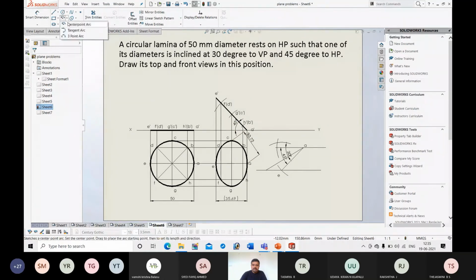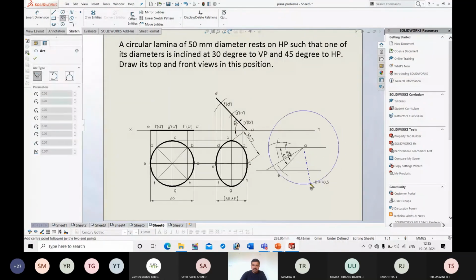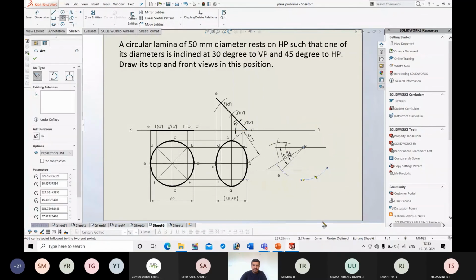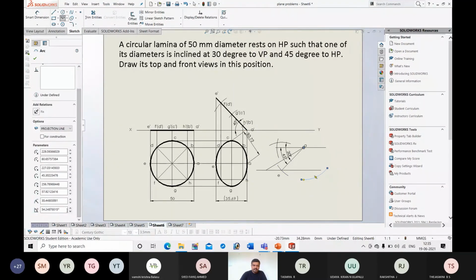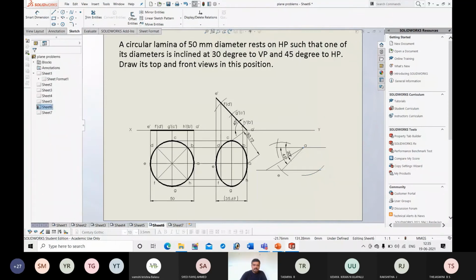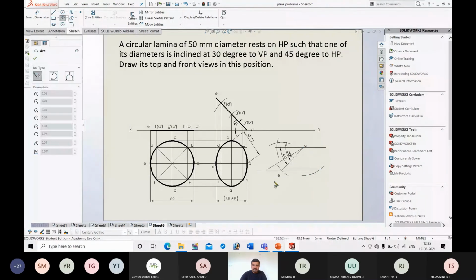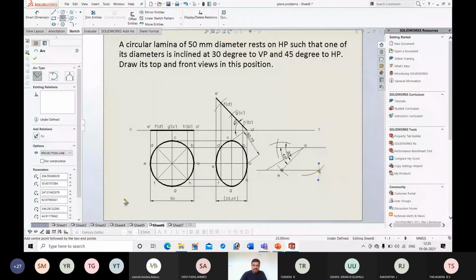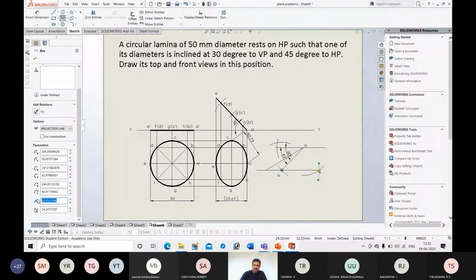So I will draw an arc from A as center and A to G as radius, that is 30.72. Next, E to G as radius, it is also 30.72.